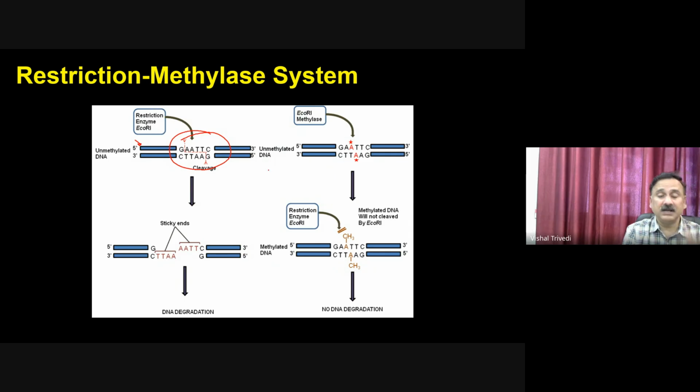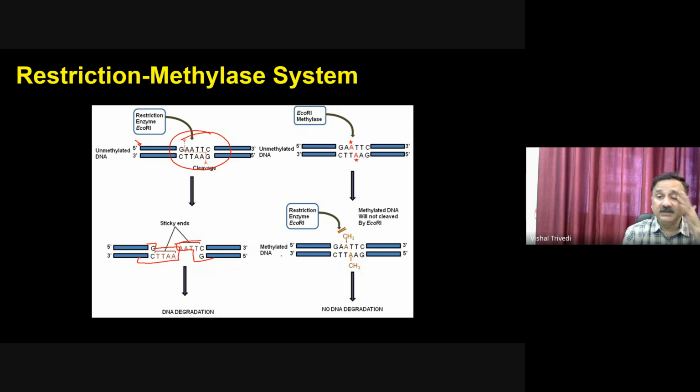If it's the unmethylated DNA, the enzyme will go and recognize it, and then it is going to cut, and produce two fragments. They are complementary to each other and will coincide. So this is the fragment it is going to generate. Similarly, this one also is going to have this fragment.